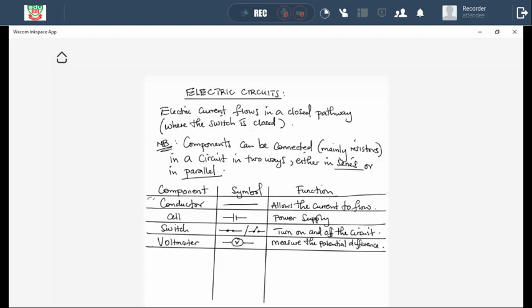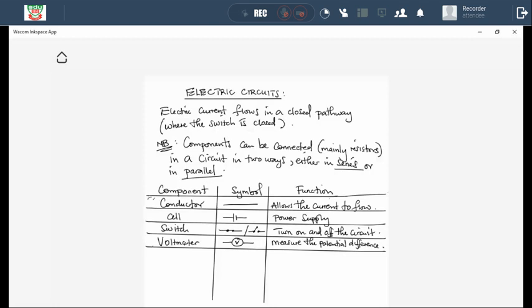A voltmeter can also be connected across resistors, right? A voltmeter is never connected in series, right? Because remember, a voltmeter is one of the components in a circuit which has very high resistance.